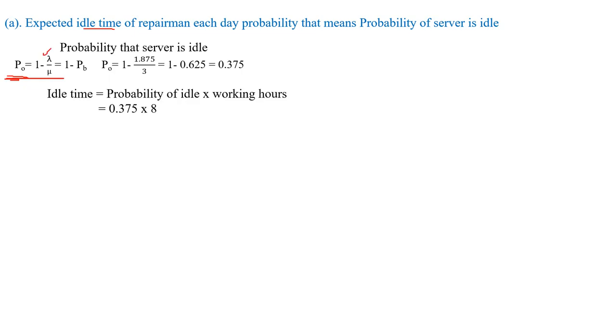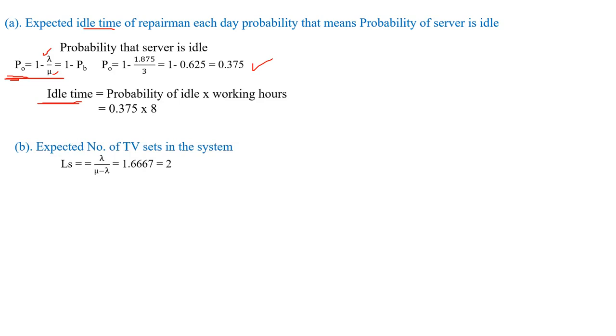Substituting the lambda and mu values, we get 0.375. So P naught equals 0.375. We know the probability of idle, but we need the idle time. So the formula for the idle time is probability of idle into working hours. Here working hours is 8, so 0.375 into 8 is the idle time.